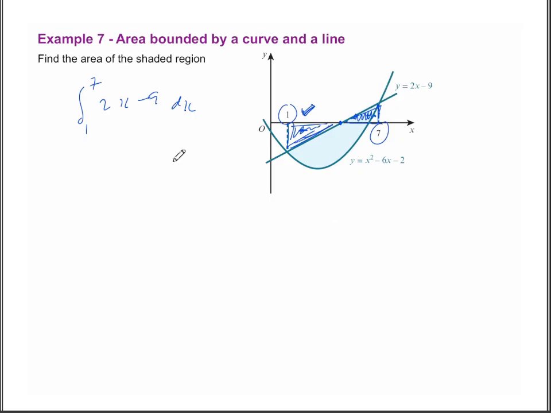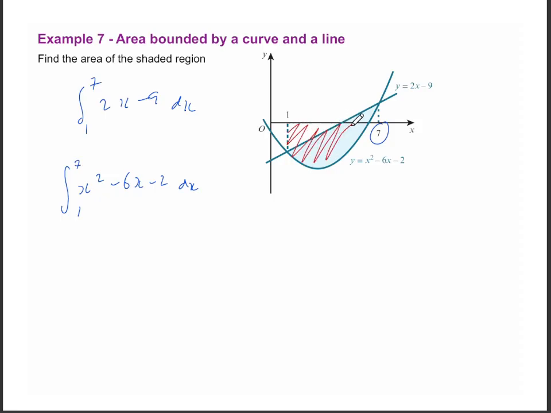So let us now look at the curve part of it. Suppose we were integrating the curve x squared minus 6x minus 2 with respect to x from 1 up to 7. And I'm going to erase the shaded part so that we have something else that we're dealing with. What this integral will give us will be negative from 1 up to the point where it intersects the x-axis. So this part is going to give us negative, while this tiny part above the x-axis will be positive.